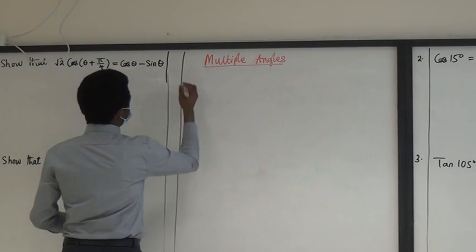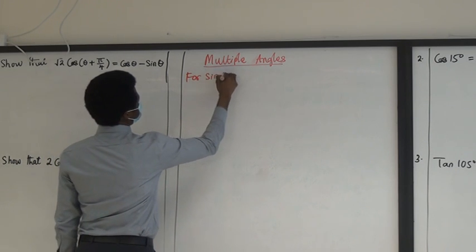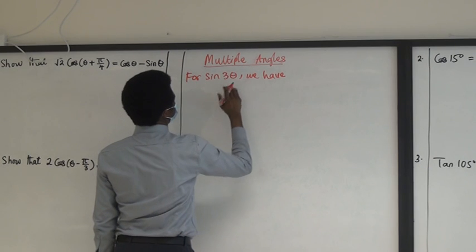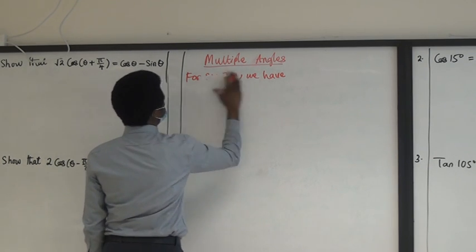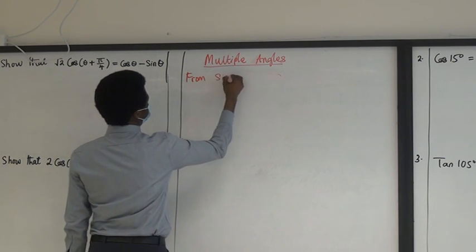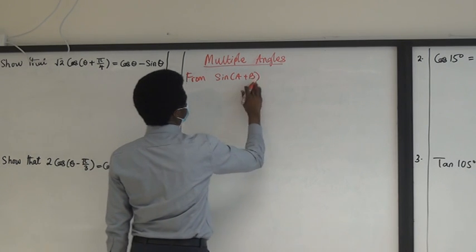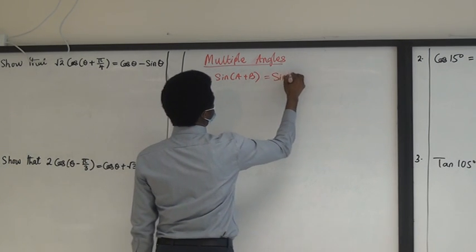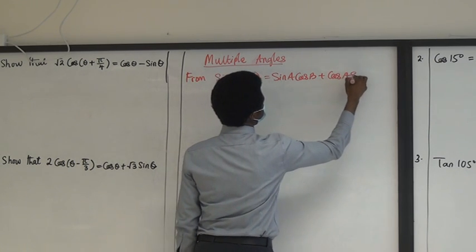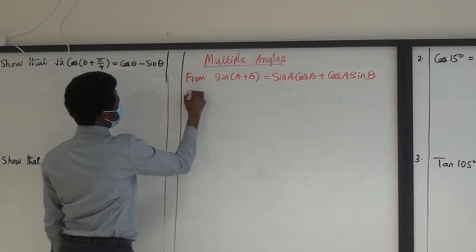So to begin with, for sine 3 theta, let's start from sine A plus B. Someone is being noisy. Sine A plus B equals sine A cos B plus cos A sine B. Just sine 3 theta.